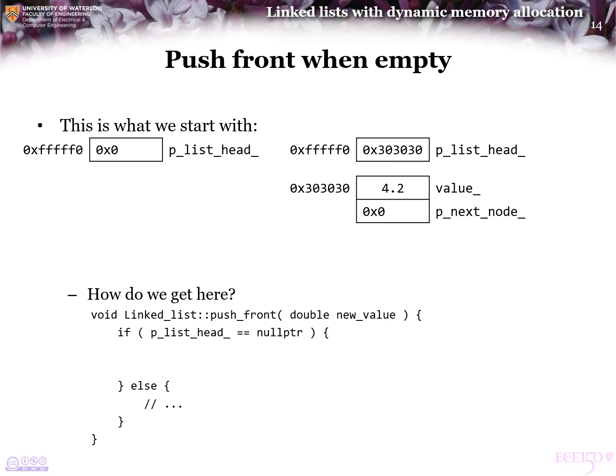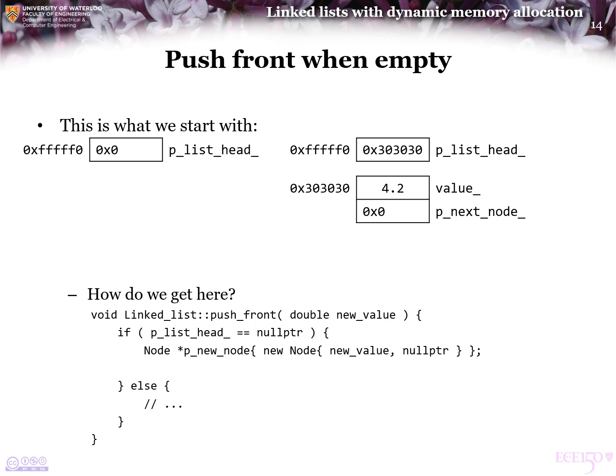Well, right now we're only dealing with the case when the list head is assigned null pointer. That is, the linked list is empty. We want to create a new node and it should be storing our new value. So here we call new node and we pass it the new value we want to store, and its next pointer or next node member variable should be set to null pointer.